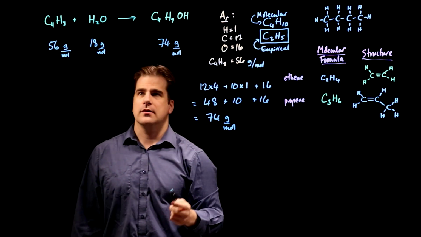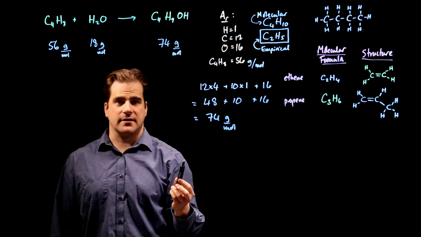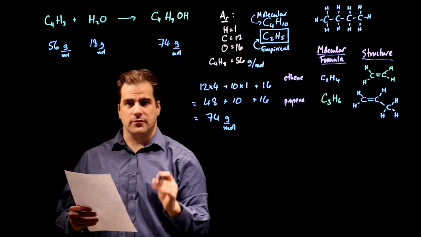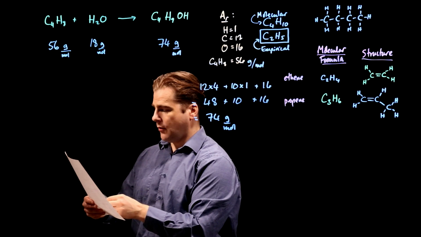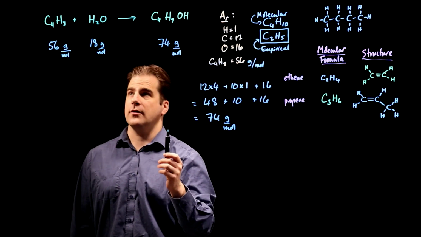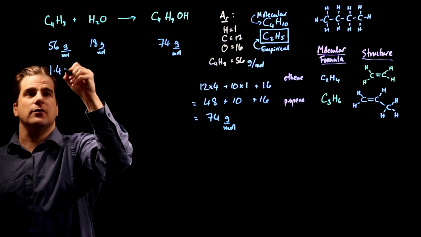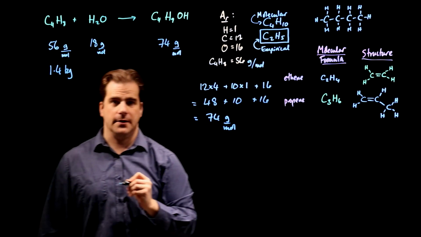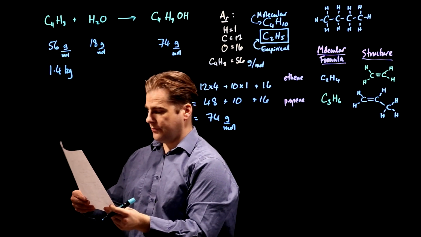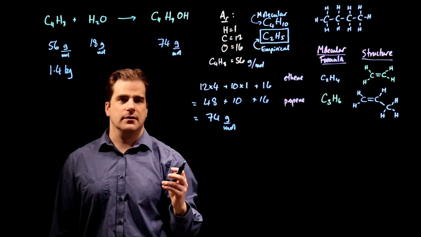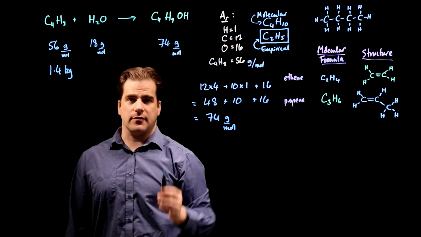Okay, so we've written down the relative molecular masses, but we know more, so we're not finished with this stage yet. We know that we have 1.4 kilograms of butene. So write that underneath, butene. We have 1.4 kilograms. Okay? Do we know anything else? No. That's it, okay? So we've written underneath all of the molecules, everything we know about them.